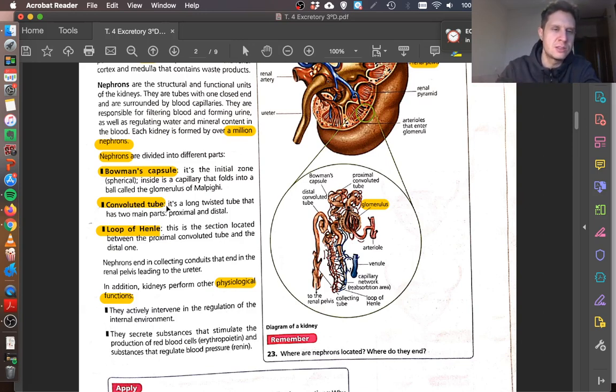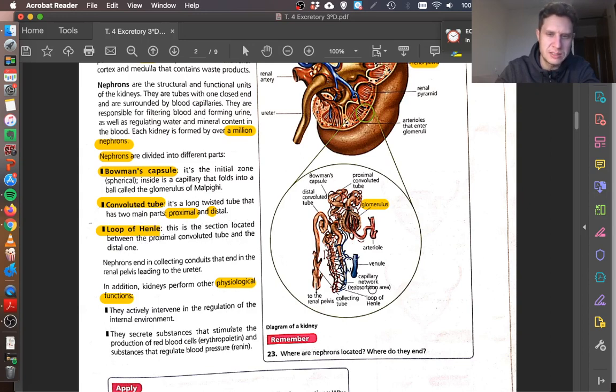The convoluted tube is a long twisted tube that has two main parts, proximal and distal. This is proximal, close to the glomerulus, and this is distal. Then we have the loop of Henle, the section located between the proximal convoluted tube and the distal.